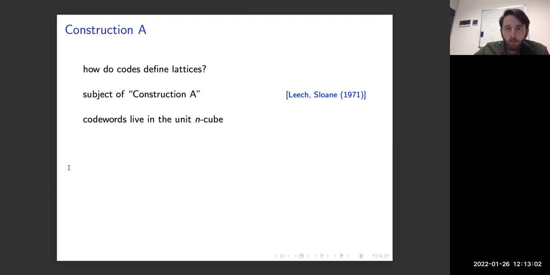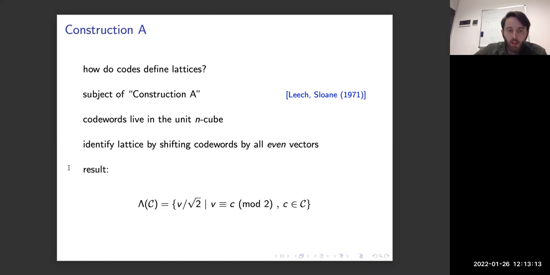The way that we define a lattice from a code is we embed the code in the unit cube, and then we add a bunch of lattice vectors by shifting by even vectors, okay? So the result is that a lattice Lambda of code C is all the vectors that are equal to C mod 2, where you take mod 2 on every entry, and there's the scaling of square root of 2, which is important to get some properties, including self-duality, correct.